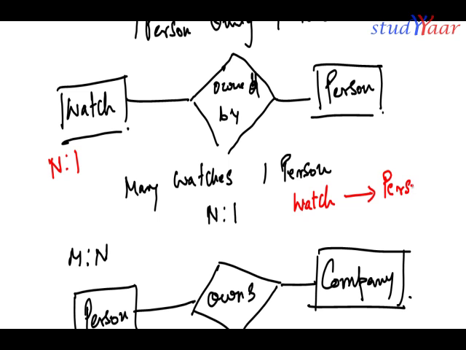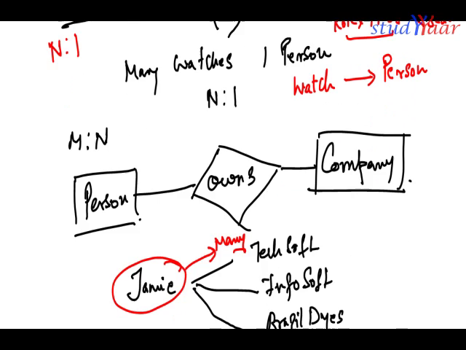When I say it's n:1, I ensure that there cannot be two Rolex FAB9 models, I don't know if it's a model, but just for the sake of simplicity, being owned by Jamie and Sean. It's not possible. A single watch is always owned by a single person, because I'm enforcing that condition by my mapping cardinality, which says it is an n:1 relationship.